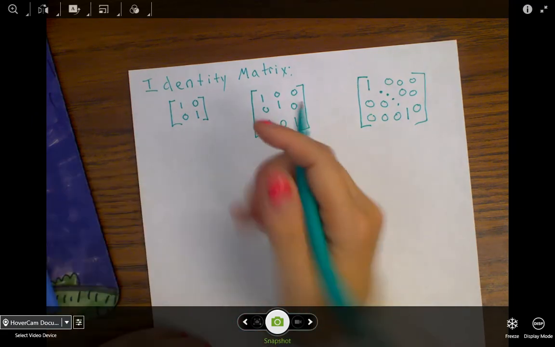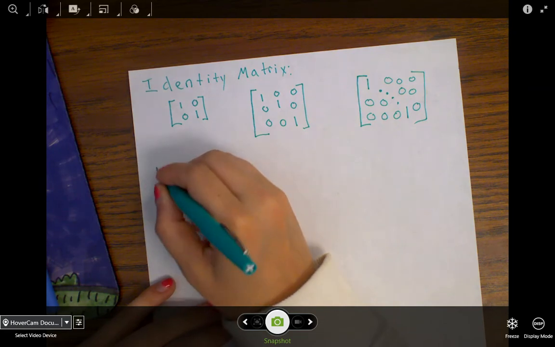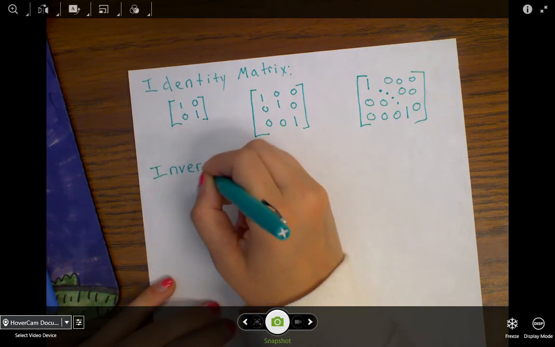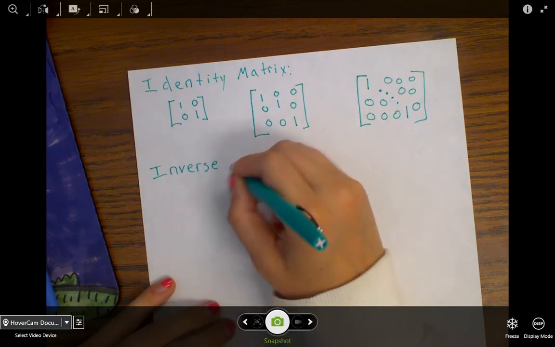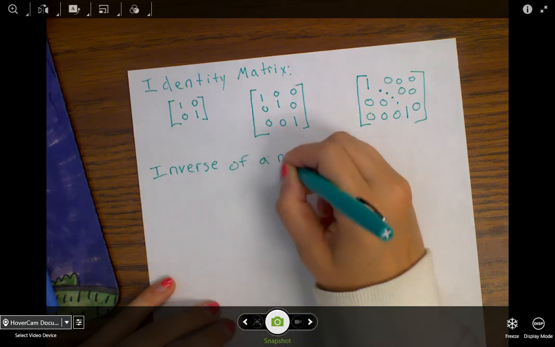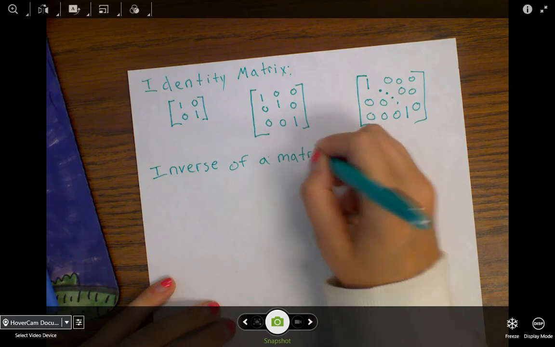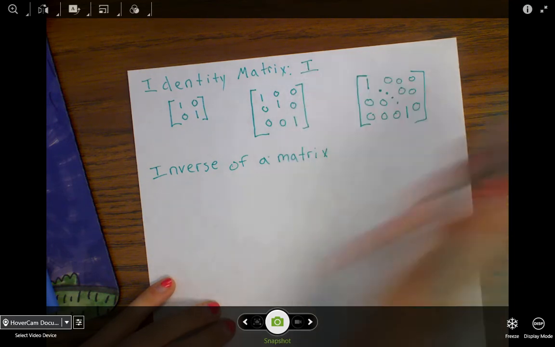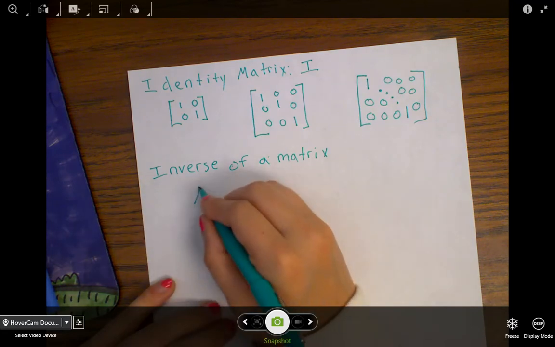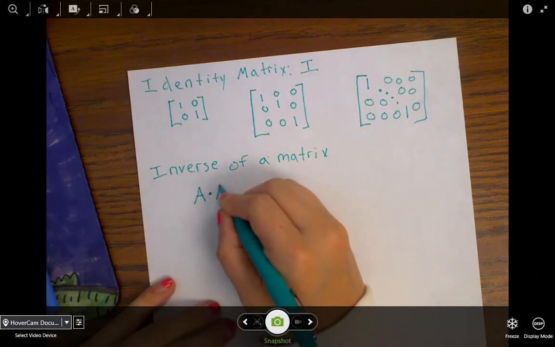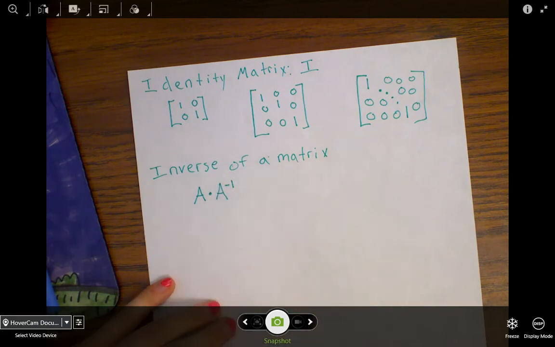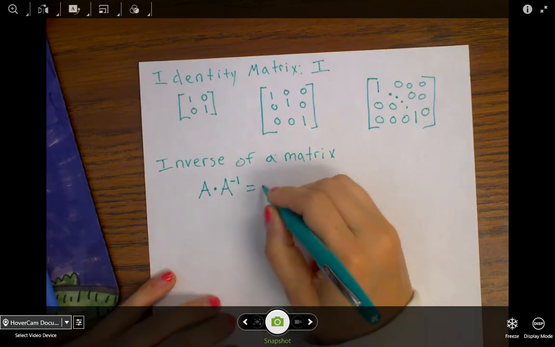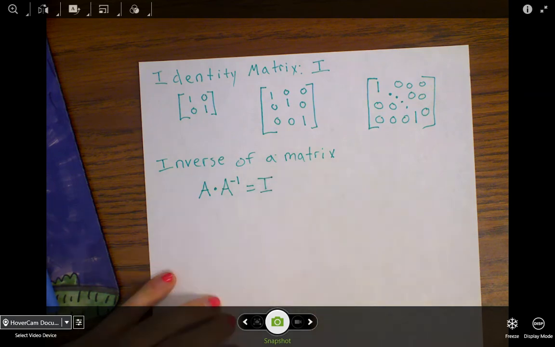And so our matrices have inverses as well. Those are special matrices that, if I multiply them together, I'm going to get the identity matrix, which we're going to label with a capital I. So if I have A and I multiply that by A inverse, that's what the little -1 means, I'm going to get the identity matrix.